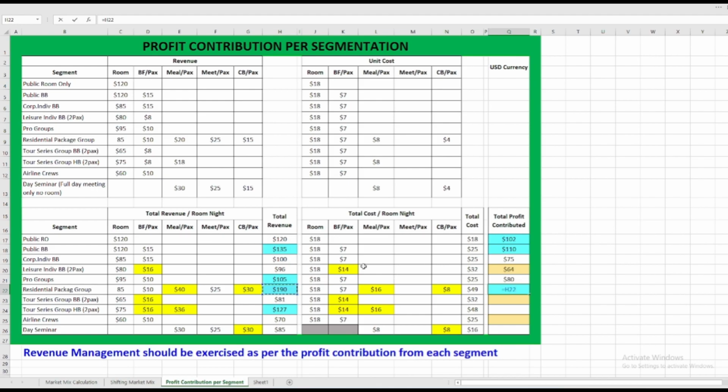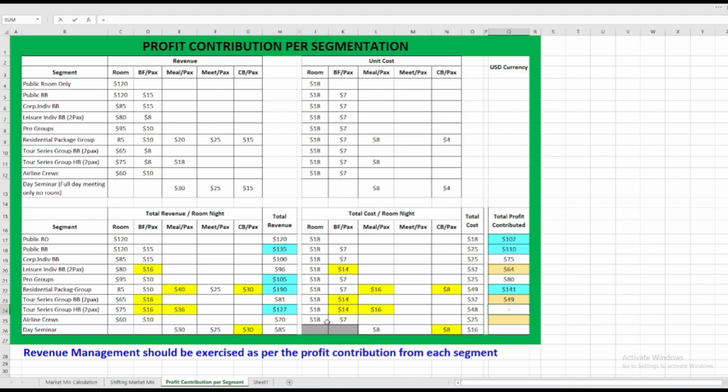Same as residential package, total revenue 190 minus total cost 49. So we made 141 profit.